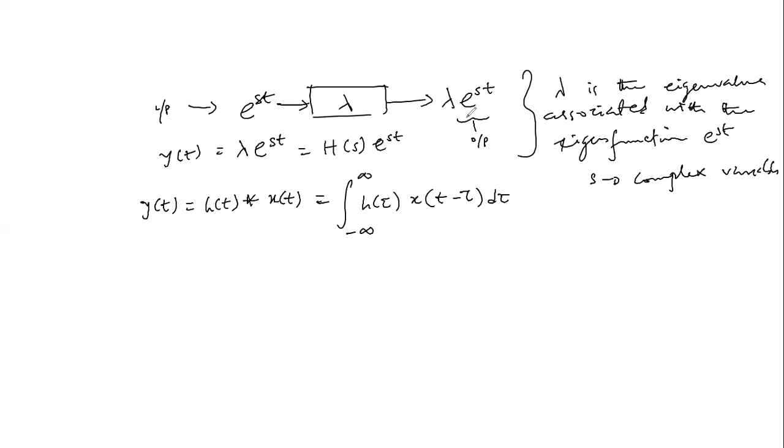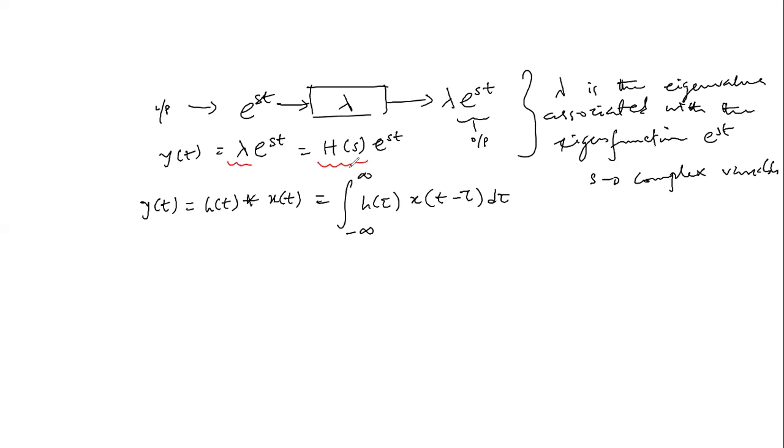The output is a scaled version of the input, only that what scales the input is the parameter that describes the system, which is the impulse response of that system. And the value that scales it at the output is the eigenvalue, because every eigenfunction is associated with an eigenvalue. This eigenvalue itself is the same as the response of the system.